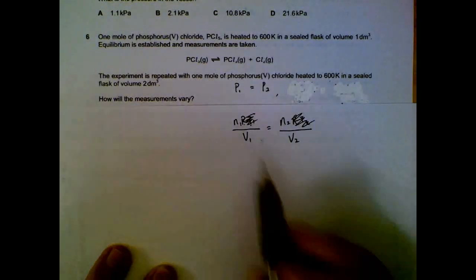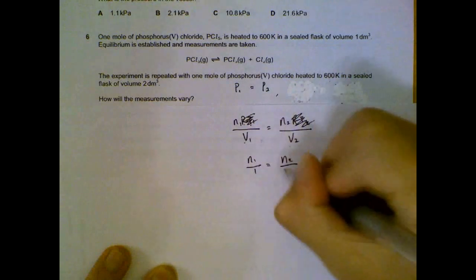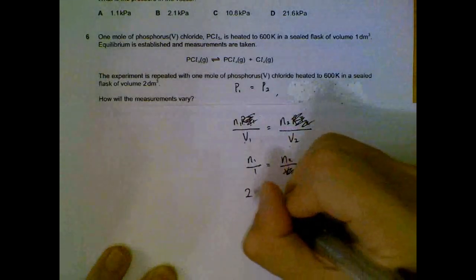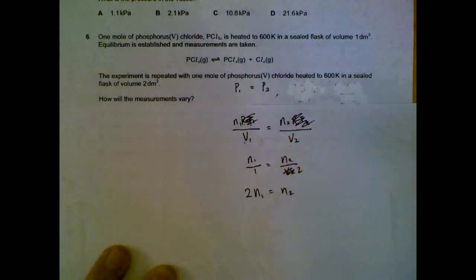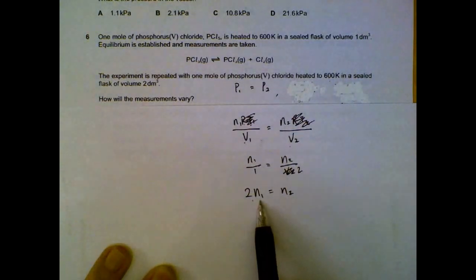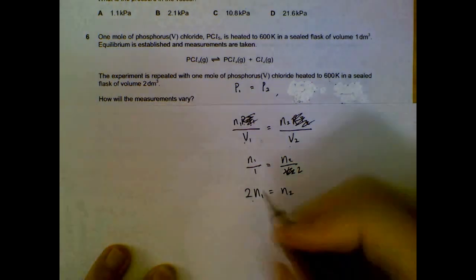And then we know that V1 and V2 are actually 1 dm cube and 2 dm cube respectively. So if you simplify, the number of moles of gas for the first experiment is half the number of moles of gas for the second experiment. In other words, you have more moles of gas in the second experiment. That's the important thing.